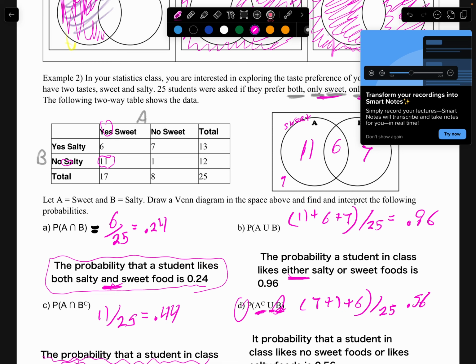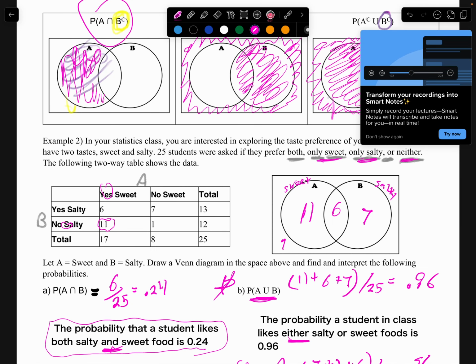That is also, you will know, let me talk about, say, this one here. Let's go back to B for a second. So we had the mutually exclusive. Remember now, this is not mutually exclusive because both circles are touching. If the circles were not touching each other, it would be mutually exclusive. The sets would share nothing in common.